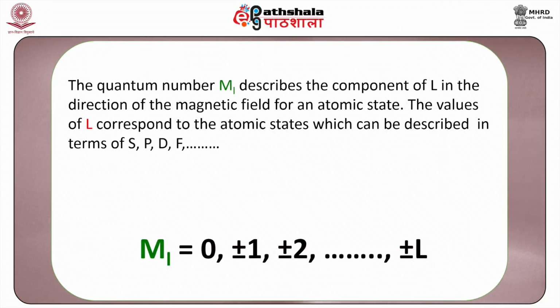The quantum number ML describes the component of L in the direction of the magnetic field for an atomic state. The values of L correspond to the atomic states which can be described in terms of S, P, D, F, and so on.